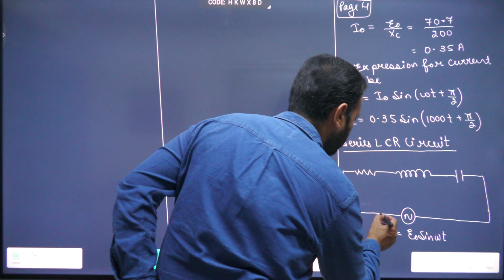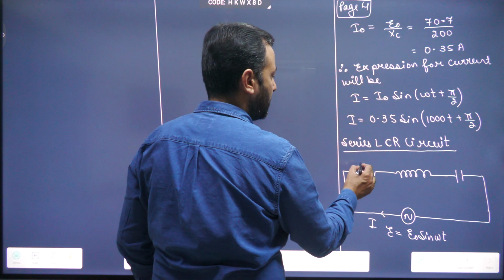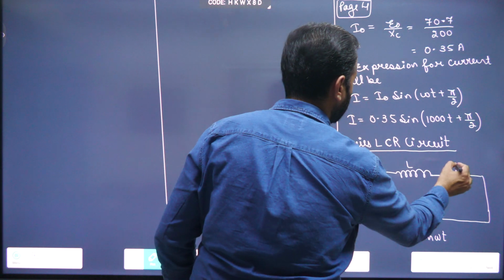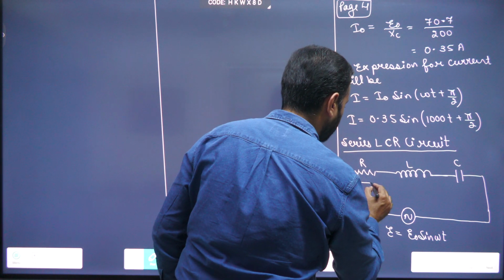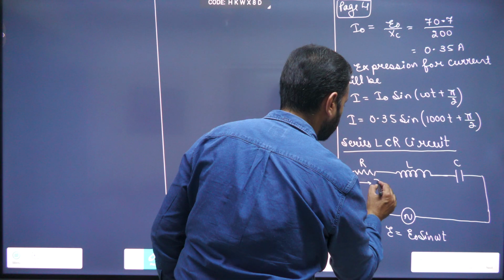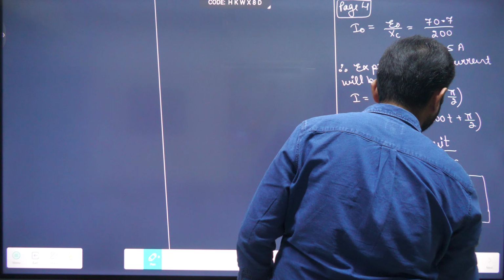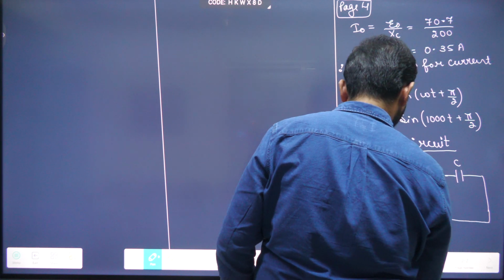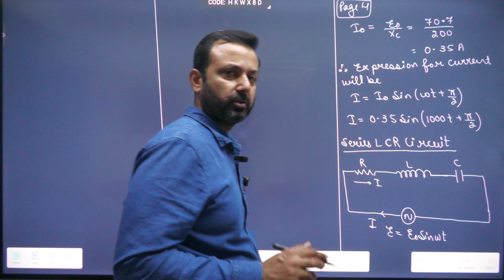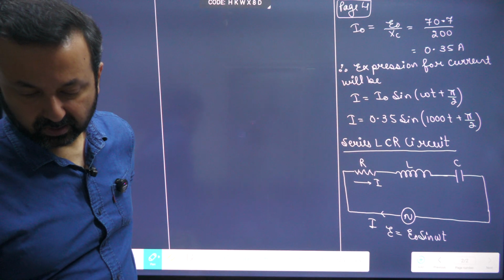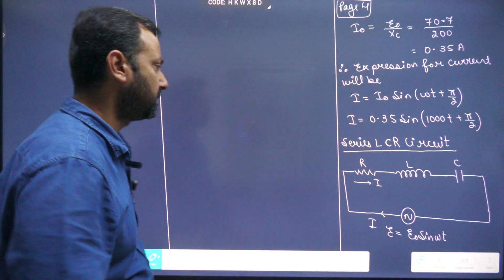If this voltage source is delivering current I, then the same current will flow across R, across L, and across C. So all three of them will have the same current.